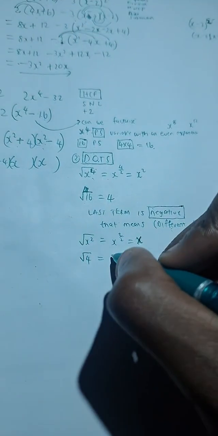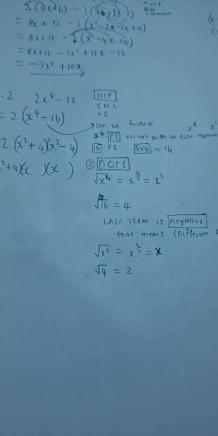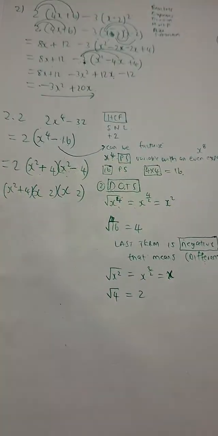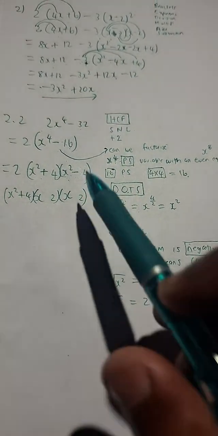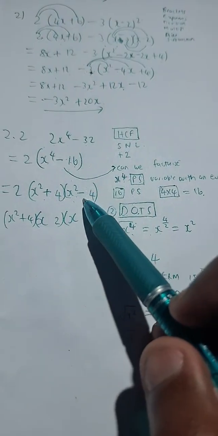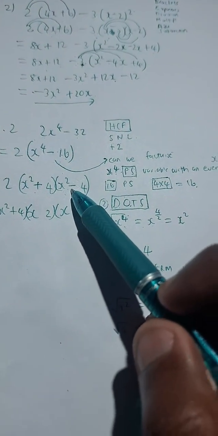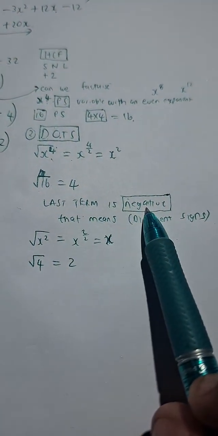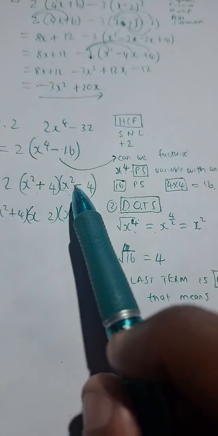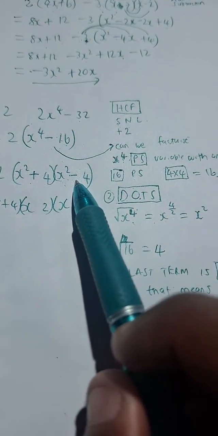That gives us 2. So then we are going to place what here? 2 and 2. And remember, what did I say to you guys? I said, since there's a negative last term for this bracket, we put what here? Plus and minus.